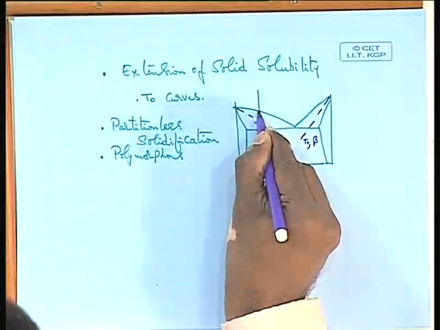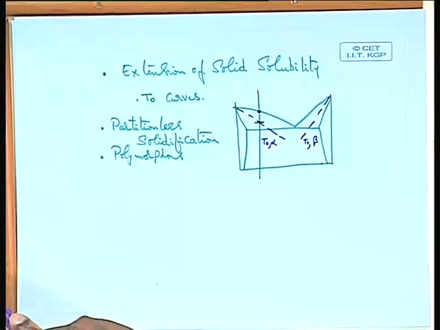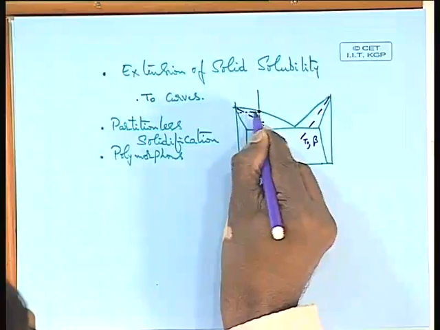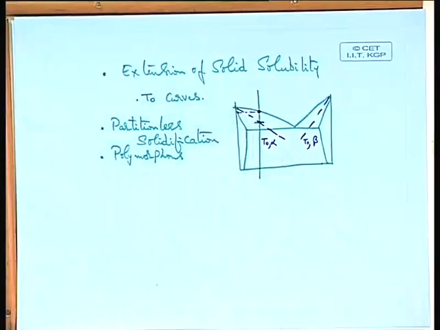Partitionless means there is no partitioning of the solute into the liquid and the solid. Usually, under normal conditions, the moment you reach this temperature, solidification starts under equilibrium condition, and you will see a solid having this composition comes out.